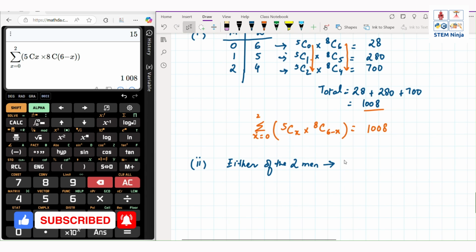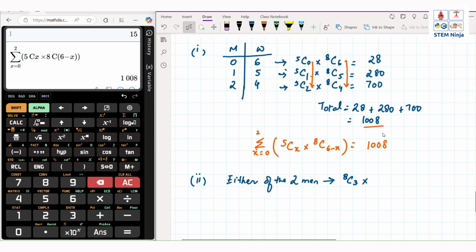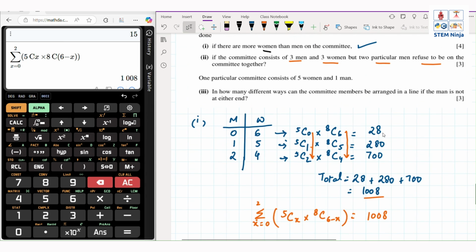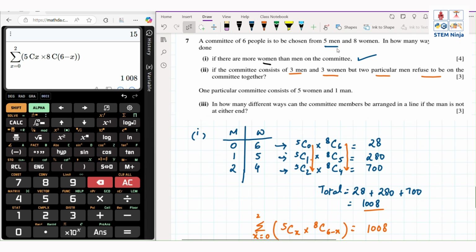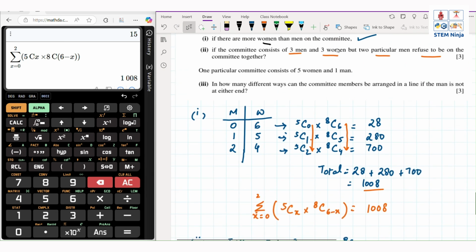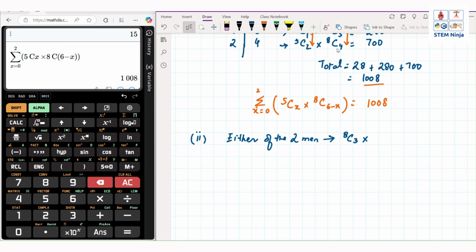This would be 8C3 because we have 3 women. And 1 man is already selected in both of these cases, right? So if 1 man is selected, that means we are not selecting from 5 anymore. We are selecting from 3 because 2 people have a problem with each other. So of those 2 of them, 1 is already selected. So the third place, or the first place, is already taken.